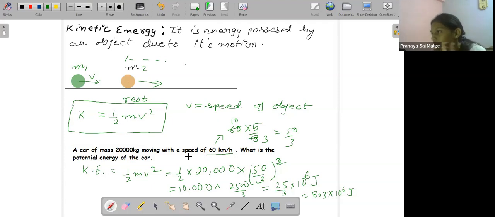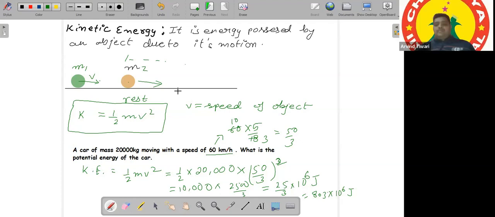I got 275 and then 0.56, and then I multiplied it with 10,000 and got 2755600 joules. Okay, sorry, one thing. No, this is also not correct. This is divided by 9. The 3 will also get squared and it will become 25 by 9.